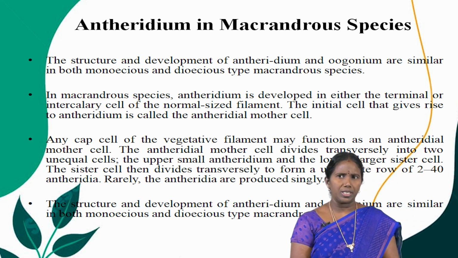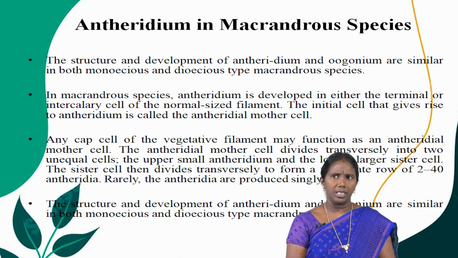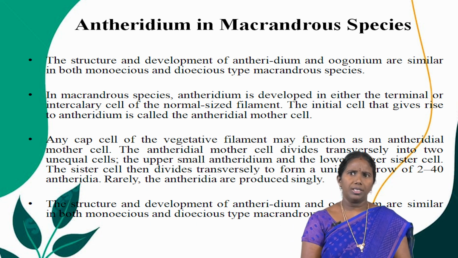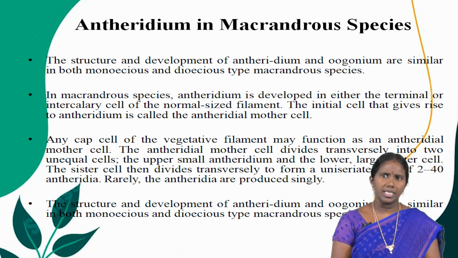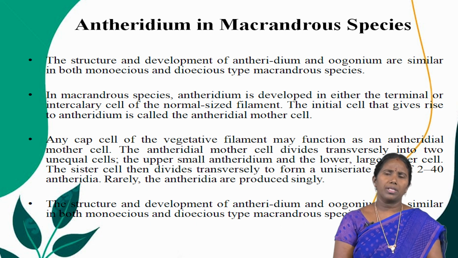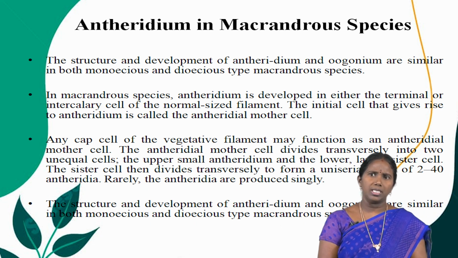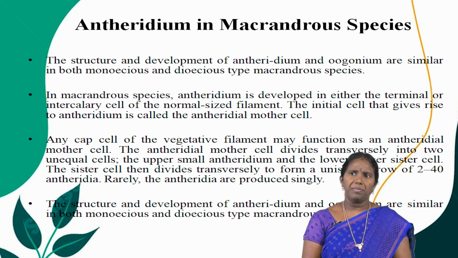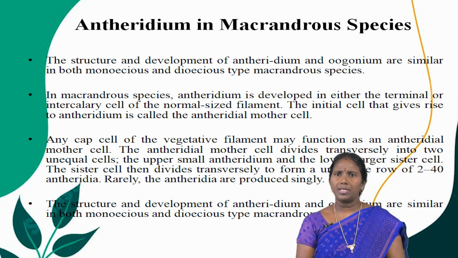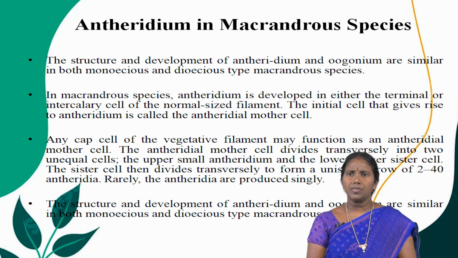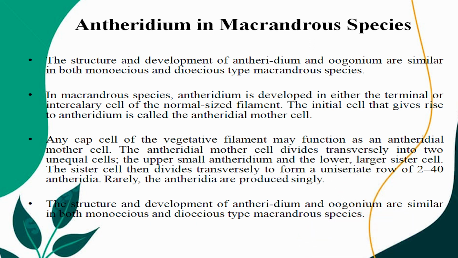In Macrandrous species, the antheridium is developed in either the terminal or intercalary cell of the normal size filament. The initial cell that gives rise to the antheridium is called the antheridial mother cell. Any cell of the vegetative filament may function as an antheridial mother cell. The antheridial mother cell divides transversely into two unequal cells, the upper small antheridium and the lower large sister cell.